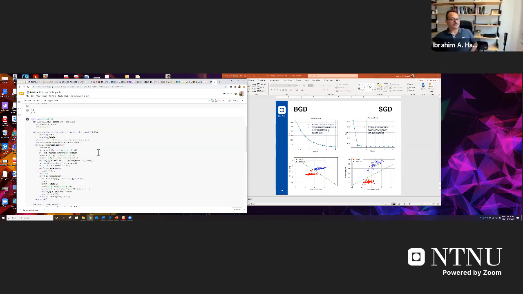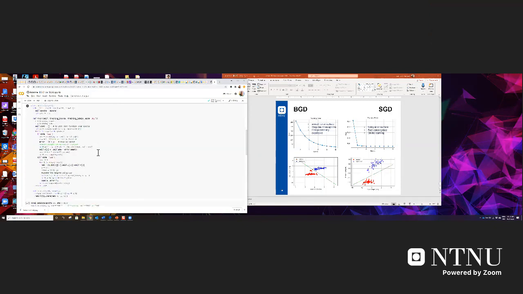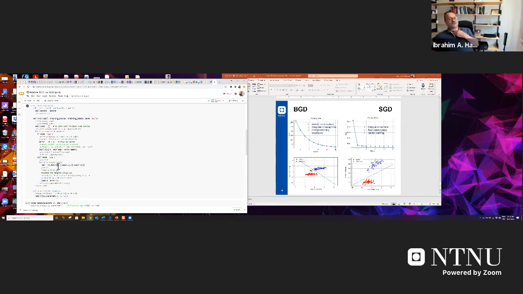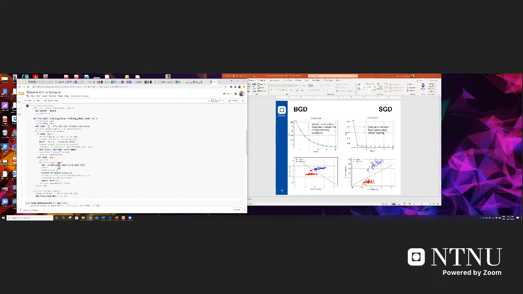Looking at the code, with SGD you have to iterate through the entire length of your feature set. Yes, correct. No, not the feature set. The feature sets we are using all the time. If I have 2 features, I must use those 2 features. You iterate across the data points, the examples, like the number of rows.